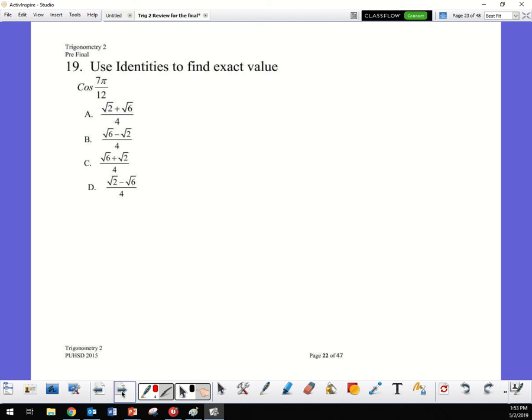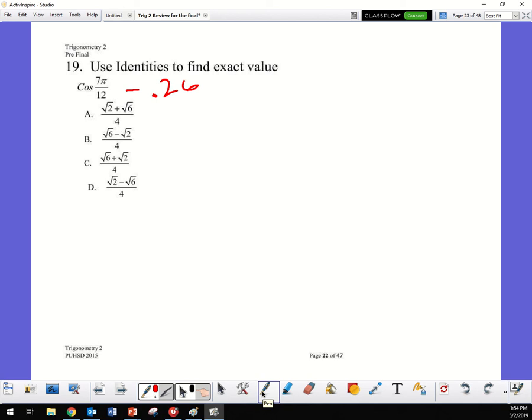Someone tell me what cosine of 7 pi over 12 is. Negative 0.26. It's negative sine 15. Wait a minute, we've seen that somewhere before. So my answer has to be B, right? No, it's D. Is the answer B or D?